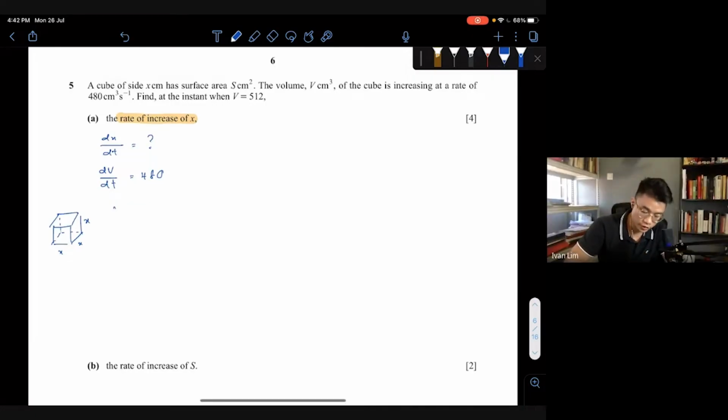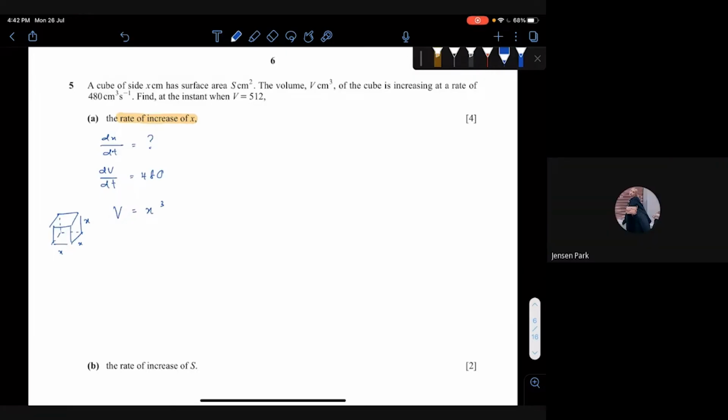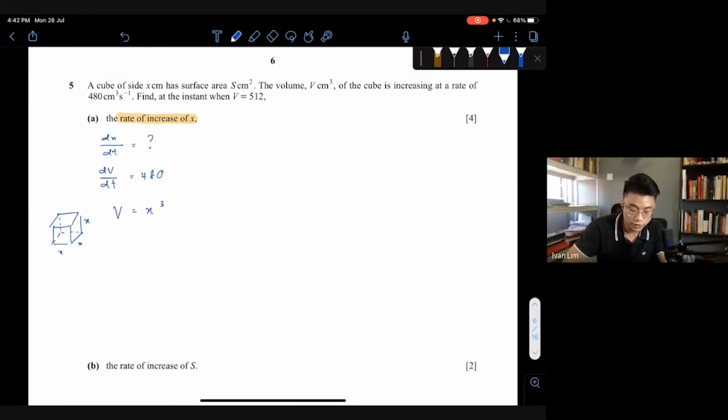So v equals x cubed. Then we ask ourselves, is v equals x cubed a good term to have here? No, so you differentiate it. dv over dx is 3x squared.